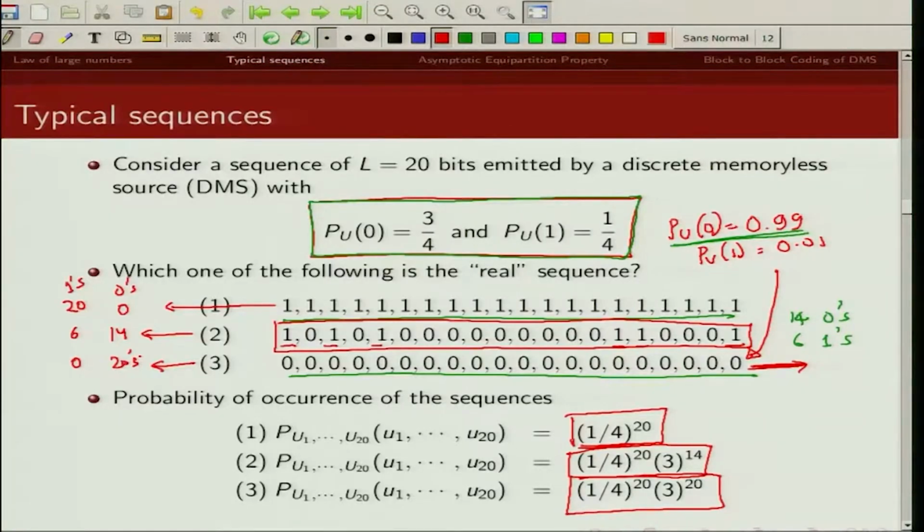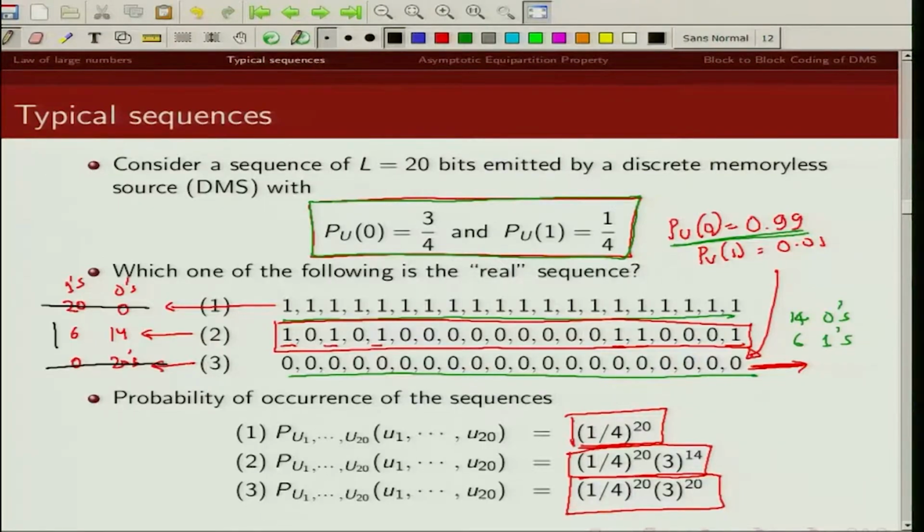Now what did we say? We said number of zeros should be between 10 to 20. So this cannot be a valid sequence coming out of this particular source, because number of zeros are not between 10 to 20. And what condition would we say about number of ones? We said number of ones should be between 4 and 6. So this is also ruled out.